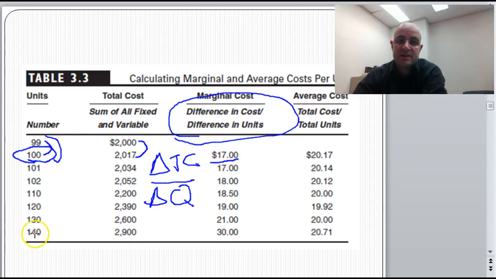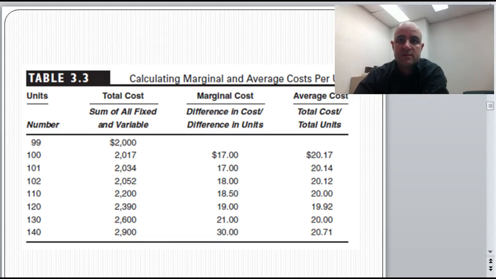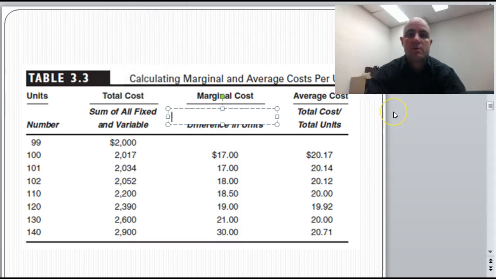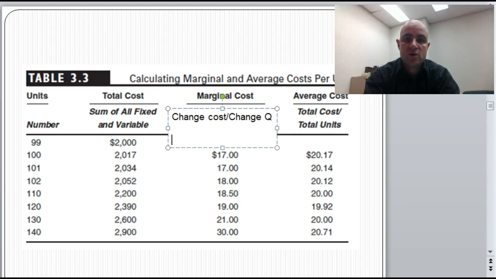However, if we go back down here, you see when you go from 130 to 140, the marginal cost is the change in cost divided by the change in quantity. And so here, costs go from 2,600 to 2,900.